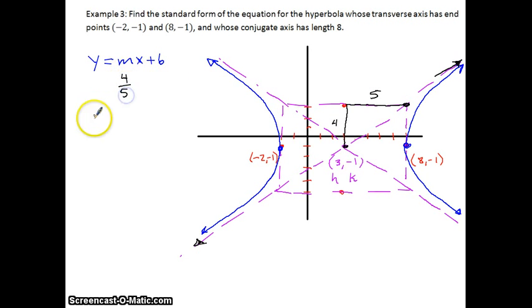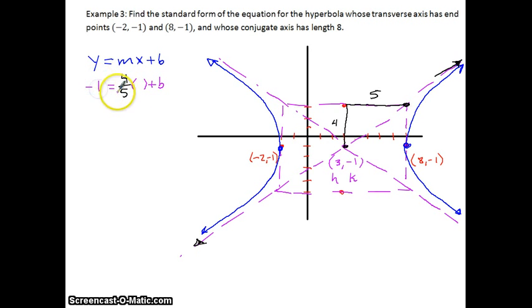And now I need to figure out my b value, and it's not good enough to guess. It looks like it's going to be a -3, but I might not have drawn perfectly to scale, and I might be guessing. So I want to be absolutely certain. I'm going to plug in another point that's on my line, the center, (h, k).